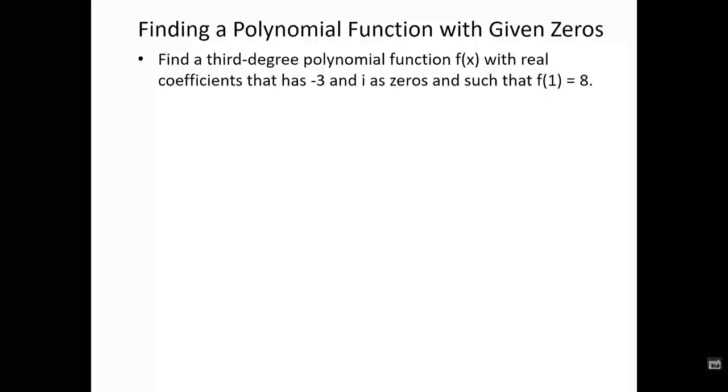You may recall from your reading that if a plus bi is a root of a polynomial equation, then a minus bi is also a root. In other words, imaginary roots occur in conjugate pairs.